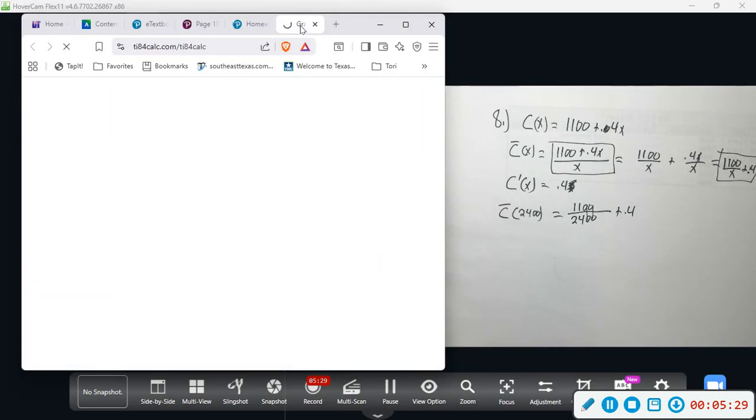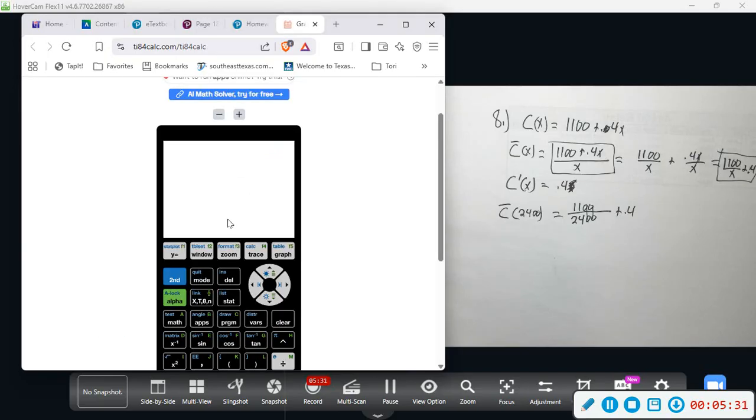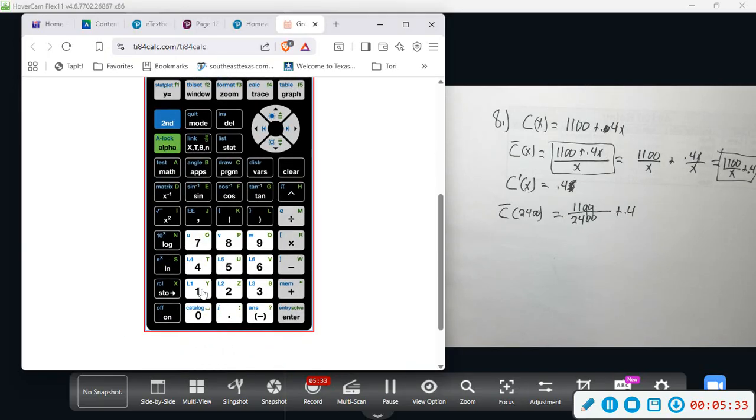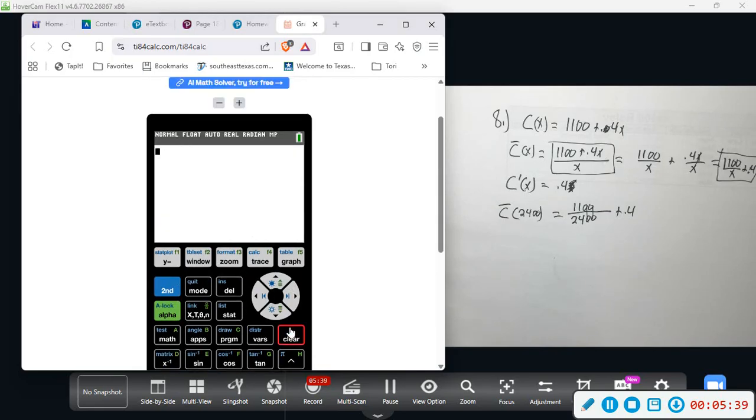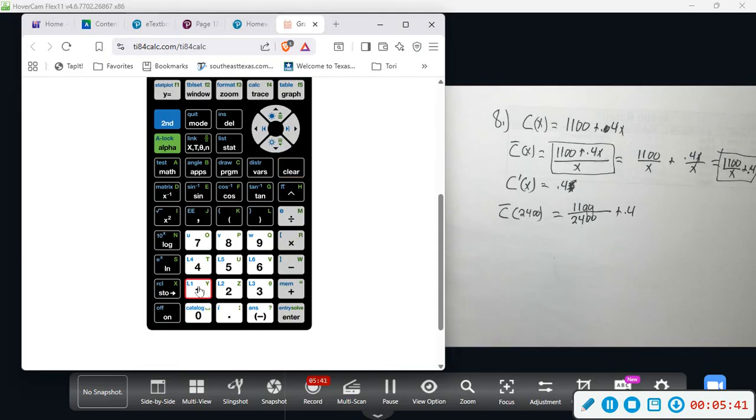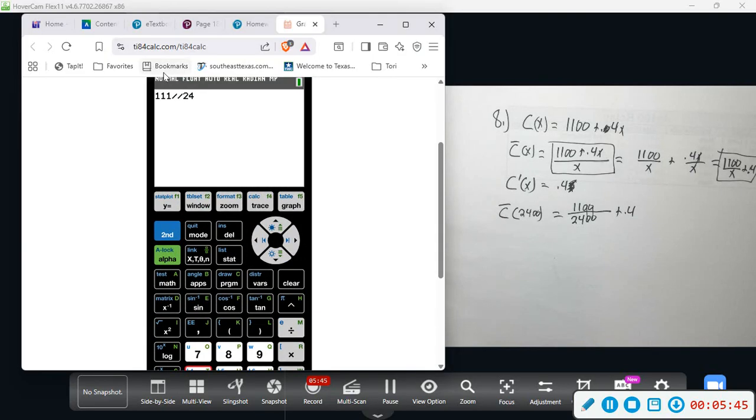I think I have an online calculator open. Let me just type it in. 11 divided by 24.